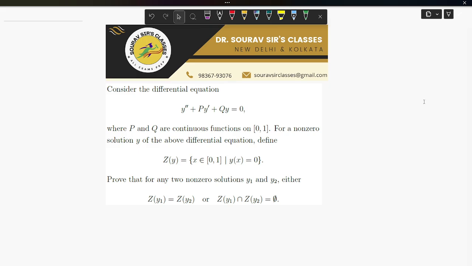For a non-zero solution y of the above differential equation, define Z(y) = {x belongs to [0,1] : y(x) = 0}. Prove that for any two non-zero solutions y1 and y2, either Z(y1) = Z(y2) or Z(y1) intersection Z(y2) = empty set. Okay, so let's see what can we do.